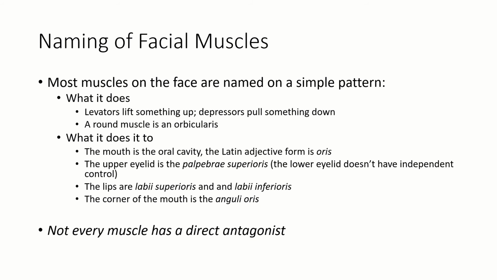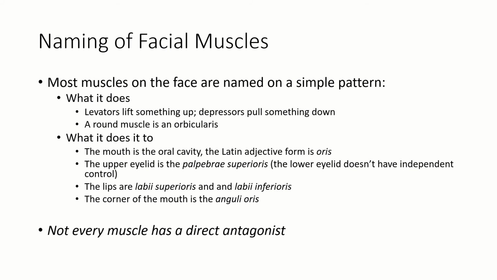It's actually a sphincter muscle. The upper eyelid is called the palpebra superioris. Palpebra means lid. Superioris, in this case, refers to the upper eyelid. Okay, it's describing the eyelid, not the muscle. So this is where some people get confused because they think, well, we've got a superioris, there has to be an inferioris.